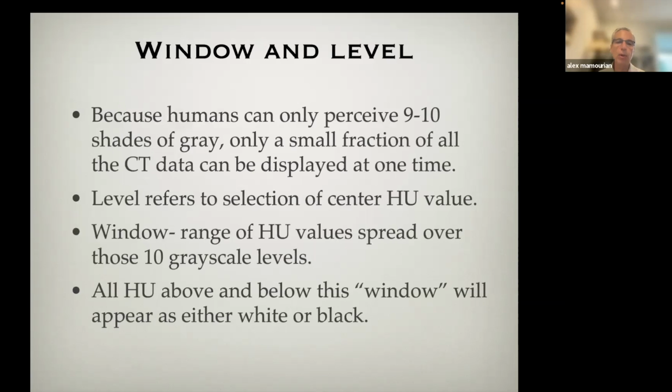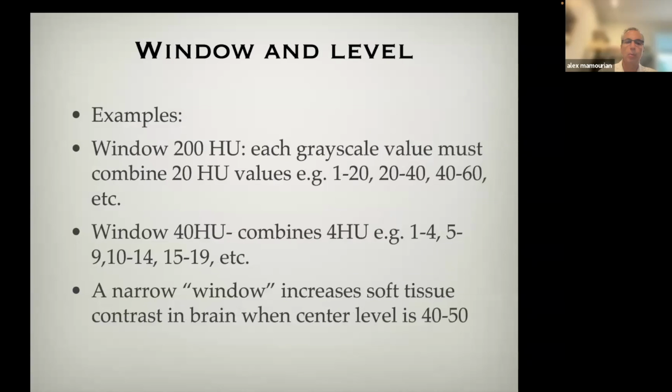We use window and level because we can only really perceive about 9 to 10 shades of gray, but we have a range of thousands of Hounsfield units to display. The term level refers to the center of the window, and the window is the range of Hounsfield units that we're going to visualize. Everything above and below the window will appear either as white or black.